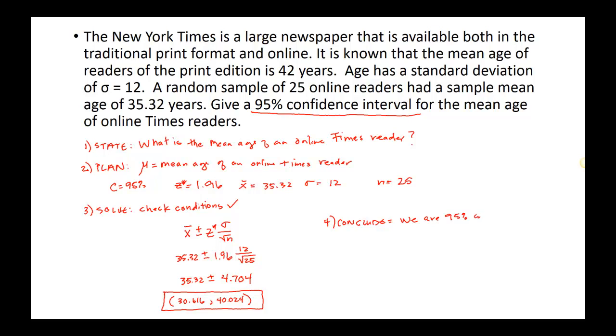So we would say we are 95% confident that, and I'm going to talk about the mean. So I'm just taking what I said mu is equal to under step 2, and I'm going to write that in right here.